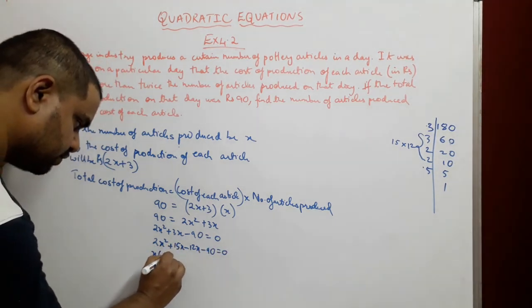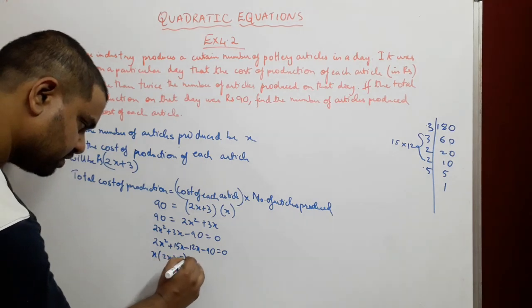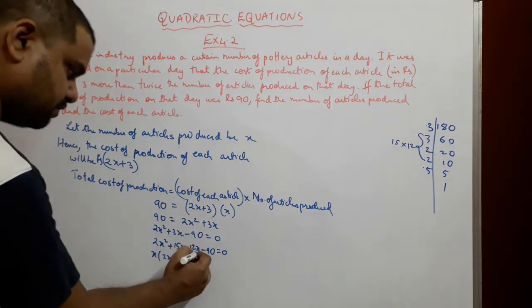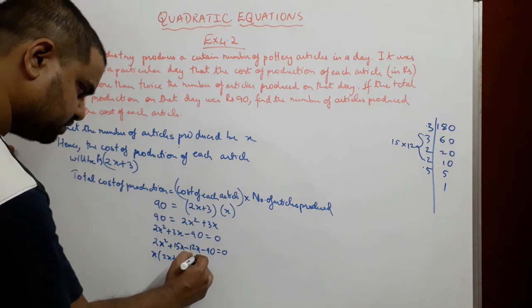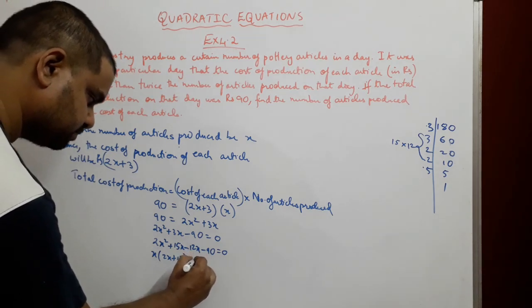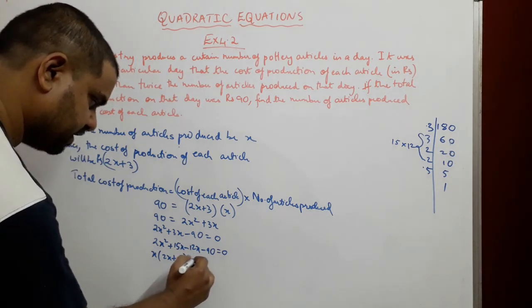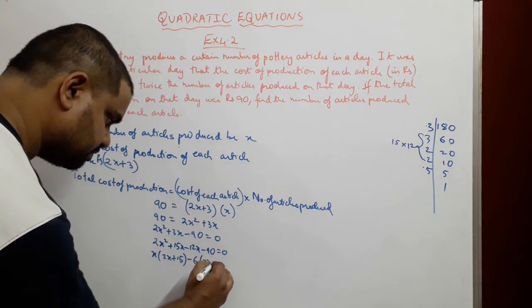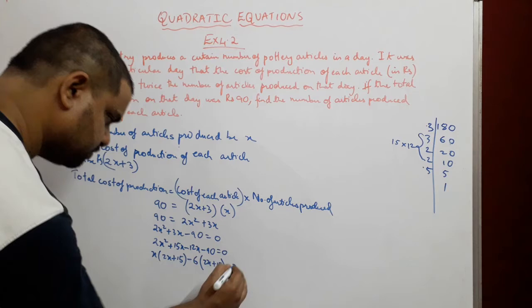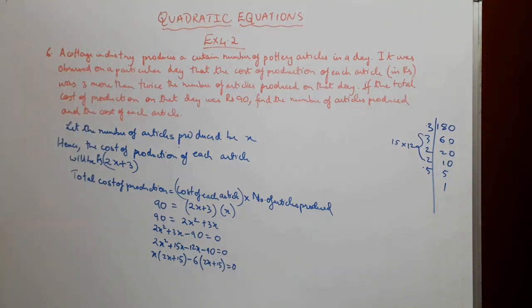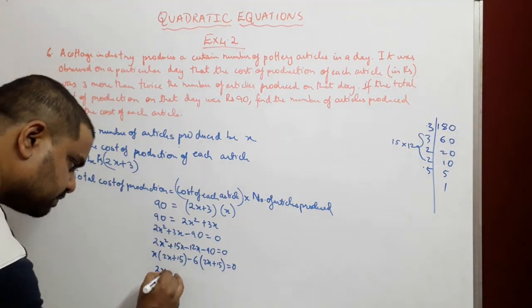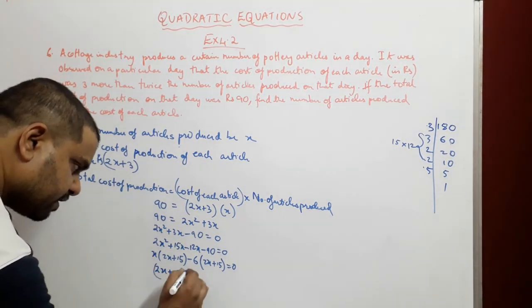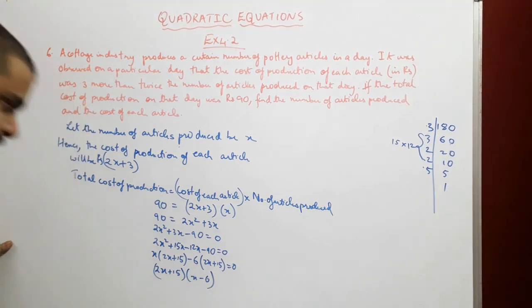We are left with 2x plus 15, and here we will take 6 common and negative sign common. So we are left with 2x plus 15 equal to 0. So we write the two terms. So we get 2x plus 15 and x minus 6.